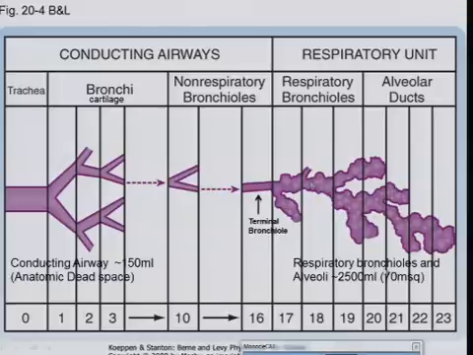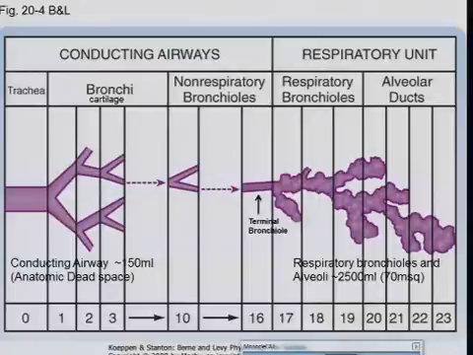Now, the respiratory bronchioles and the alveoli have a volume of about 2,500 ml. This is their capacity. Now remember, when we talk about a tidal volume of 500 ml, what does that tell you?